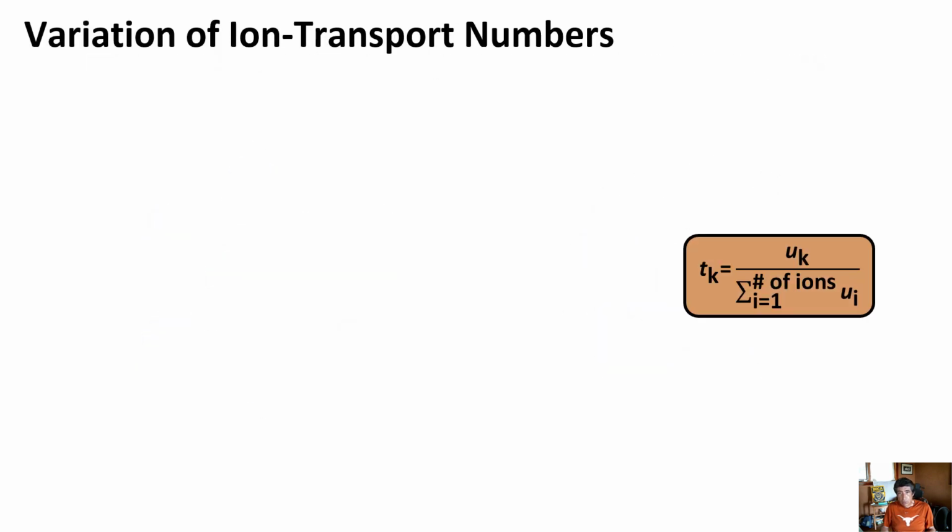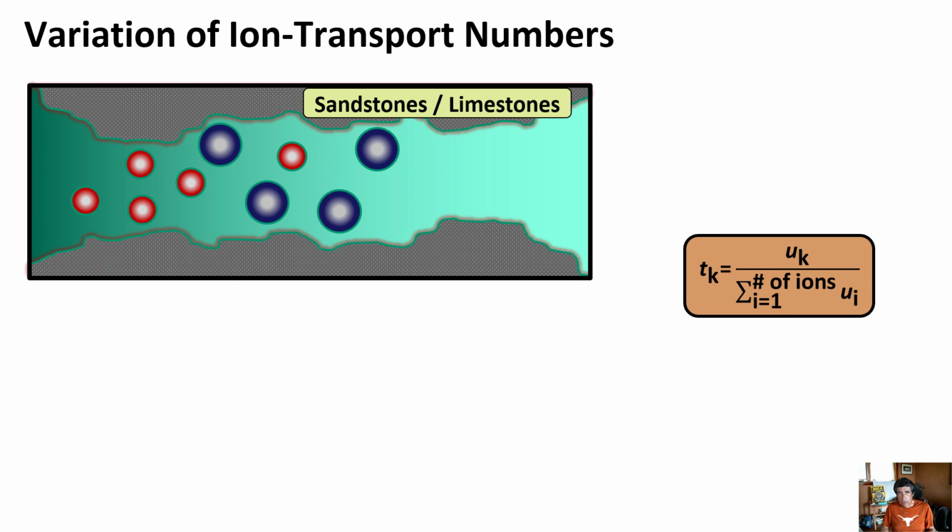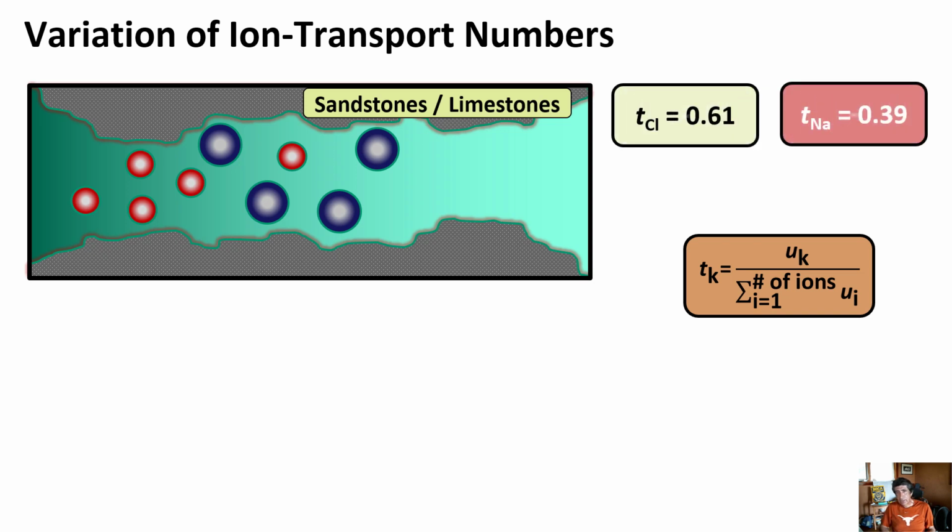Now, when we have this situation, something interesting happens. In the case of sandstones or limestones, anything that has a sufficiently large throat size, when we try to equilibrate the differences in concentration, we found that the transport numbers of chlorine and sodium, for instance, there could be many other electrolytes, but let's normalize the discussion for a very common electrolyte, which is sodium chloride.